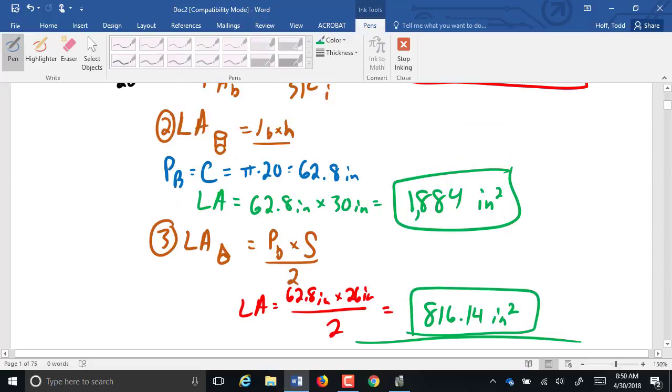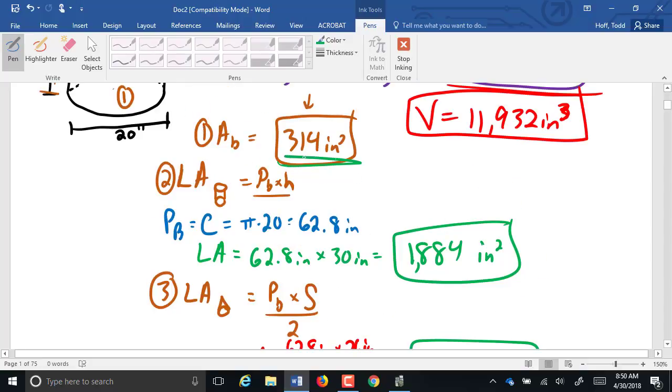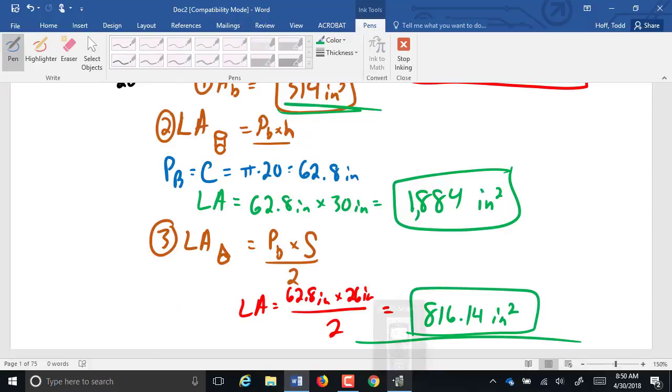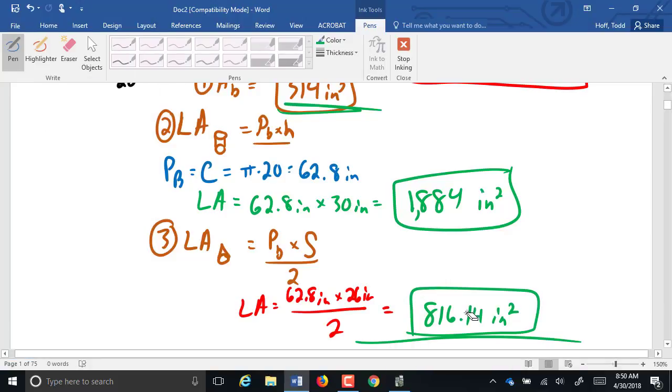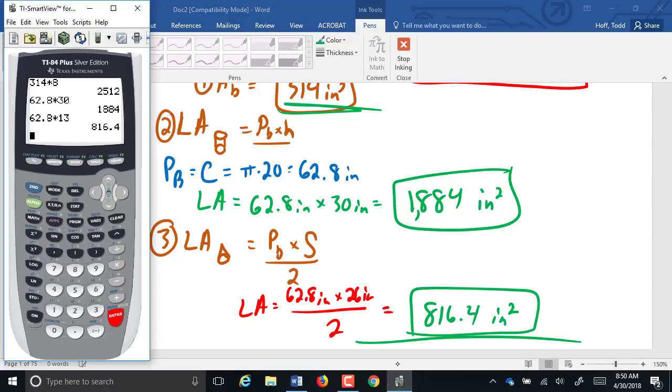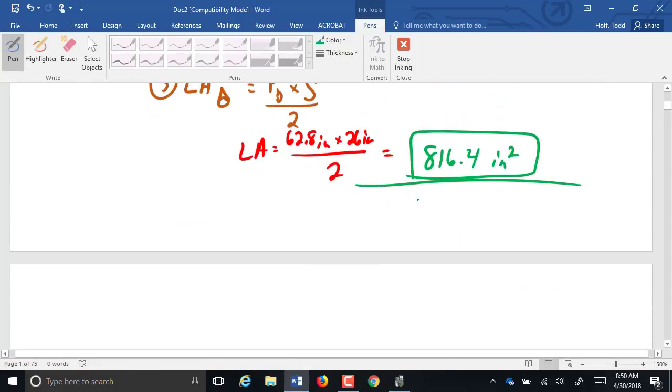So then we add those three. We're going to add 314 and the 1884 to that 816.4. We get 3014.4 inches squared. That is our total surface area.